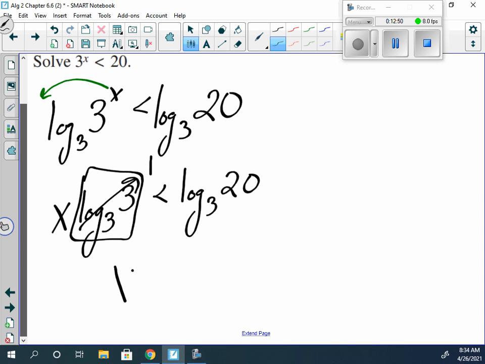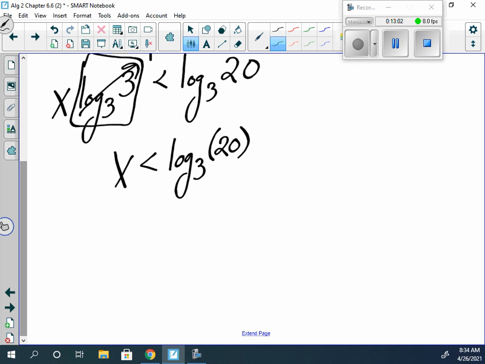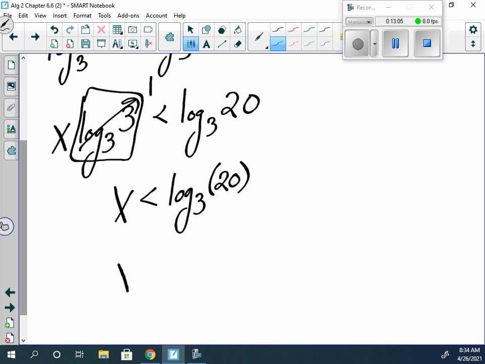So really what this is telling me is that x is less than log base 3 of 20. Any questions on anything we've done so far? Now, is log base 3 of 20 a number? Can I get a value for log base 3 of 20? Yeah. So let's go on and plug it in and see what we get.